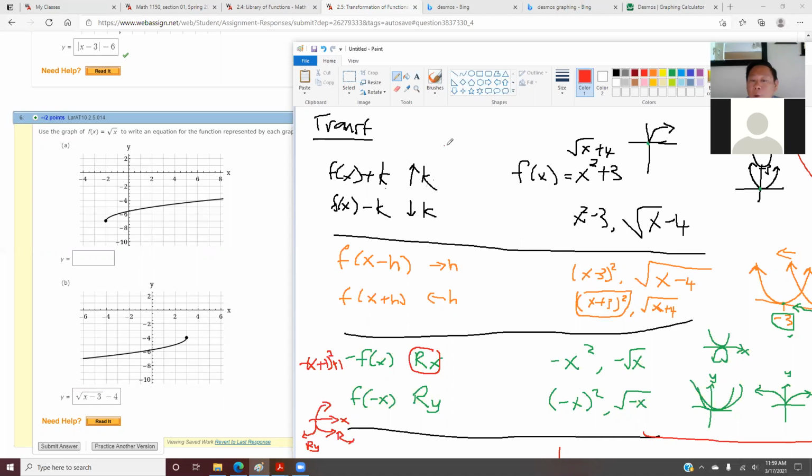So when you have a square root graph, if you reflect this on the x-axis, it's right here. If you reflect this on the y-axis, it is right here. If you reflect on both x and y-axis, you'll be going here. So you can tell where the direction is.